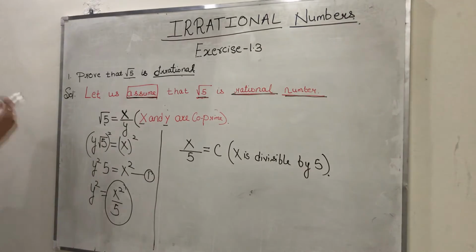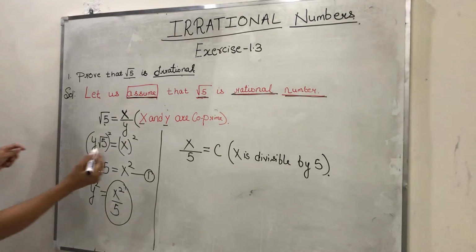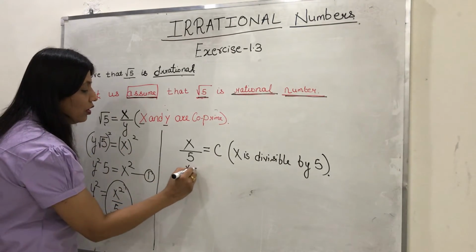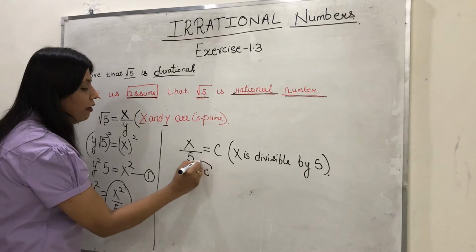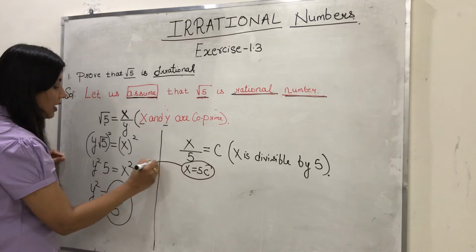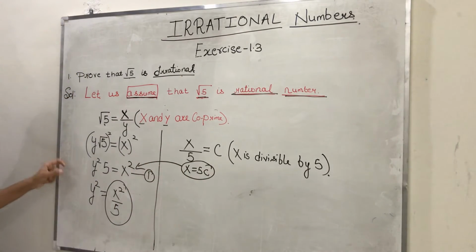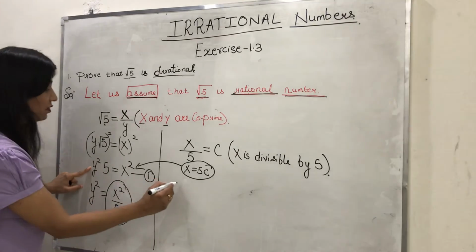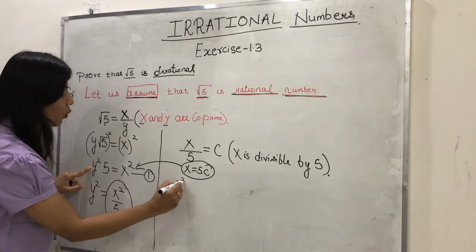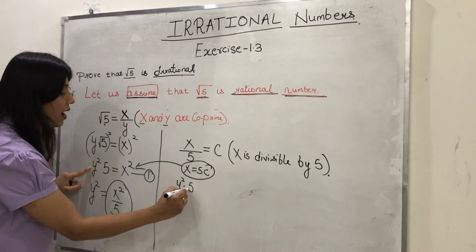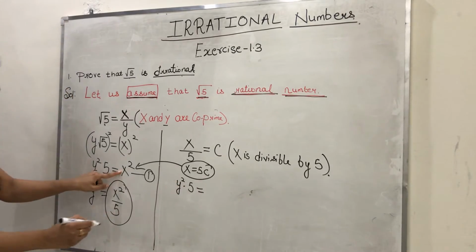Fine. So now I will say that x is equal to 5c, and I will put this value of x in equation number 1. So here y square multiplied by 5 is equal to x square.